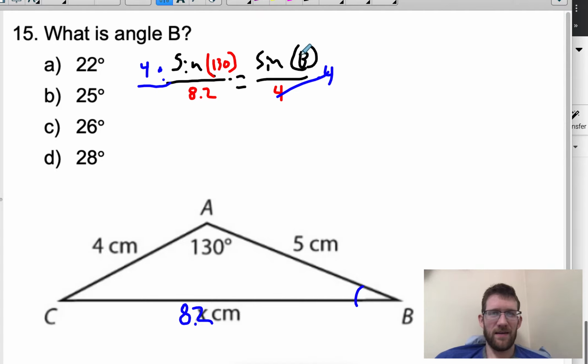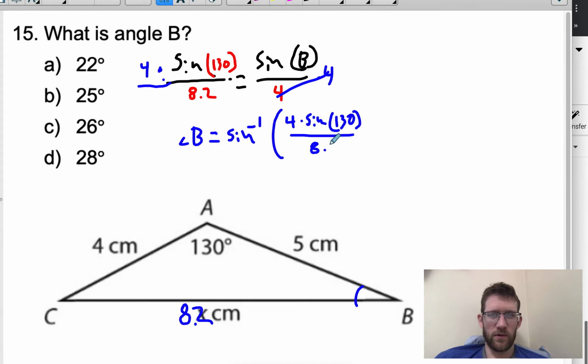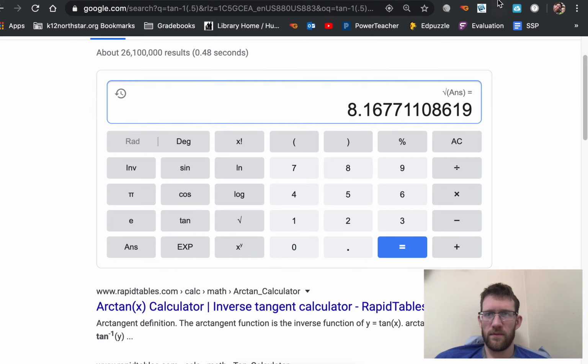And then I take the inverse sine of both sides, and I get angle B equals the inverse sine of this entire thing here: 4 times the sine of 130 over 8.2. 4 times the sine of 130 divided by 8.2.